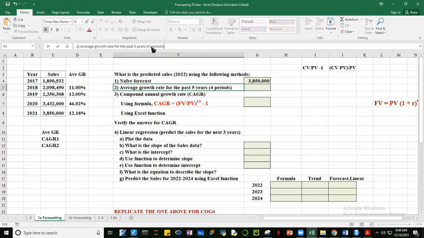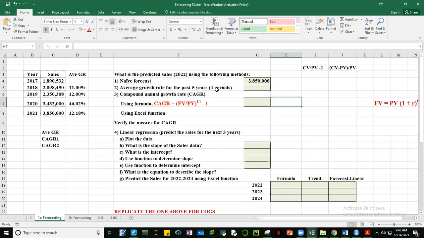Take note: when you talk of 5 years, there are 4 periods we're looking at. It's always the number of years minus 1, because 1 period has to compare 2 years. So 2018 and 2017, that's 1 period. So there are 4 periods for this 5-year period. I hope that's clear.